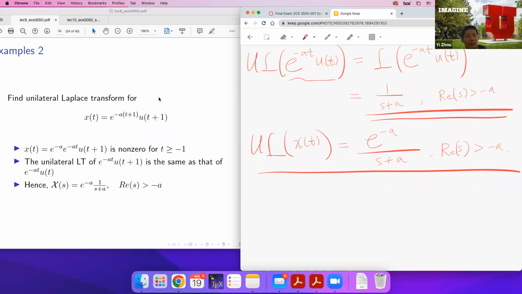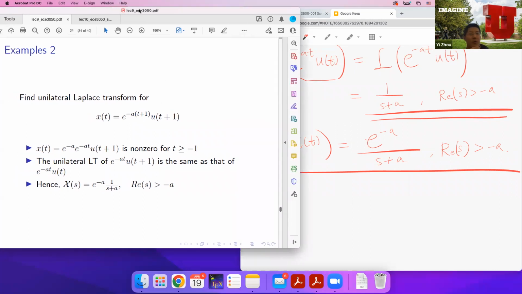Right, so this is how we derive or compute the unilateral transform. We always think about how to transform or modify the signal in a way such that we can connect the unilateral transform to the normal Laplace transform.